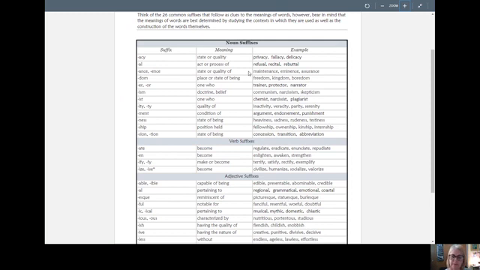So we're using it as a noun, and the base word is maintain. As you look through these words, you have D-O-M, which is a place or a state of being. You can see freedom, a state of being free. But you also have kingdom, and that would be like a place.